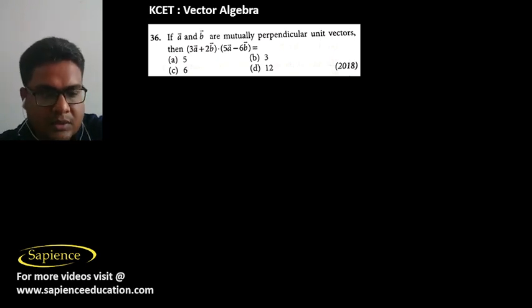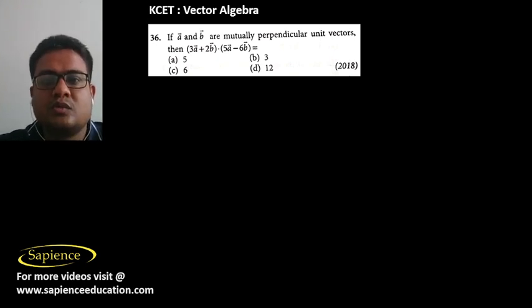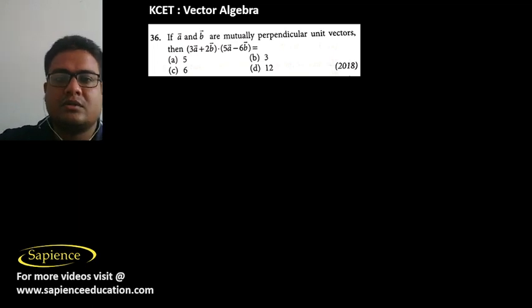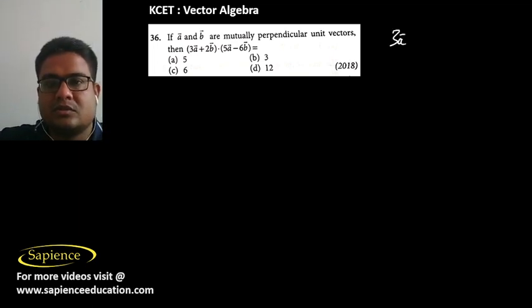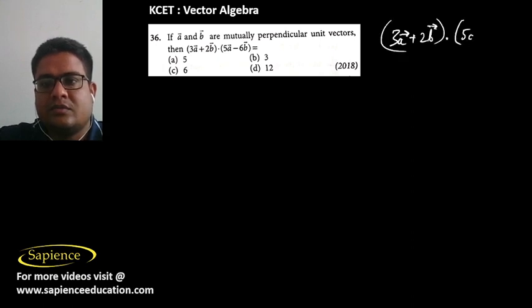Then it is told if A and B are mutually perpendicular unit vectors, then what is 3a vector plus 2b vector dot 5a vector minus 6b vector?